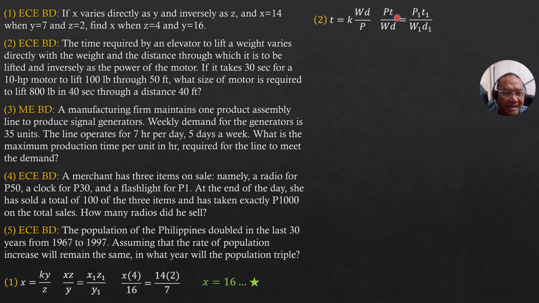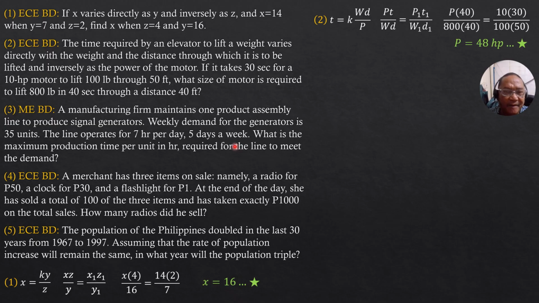So P times 40 divided by quantity 800 times 40 equals 10 times 30 over 100 times 50. So the left side units would be consistent with the right side units. Solving for P, P is equal to 48 horsepower.